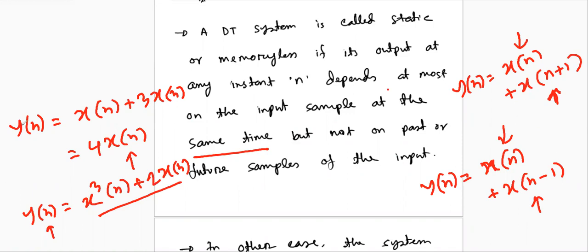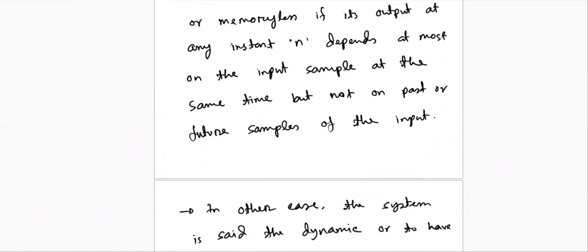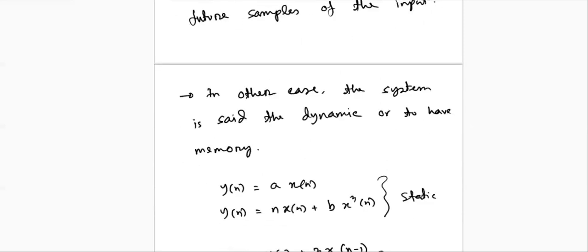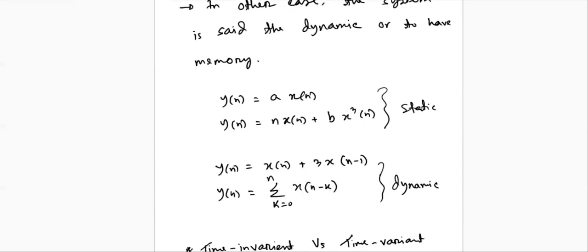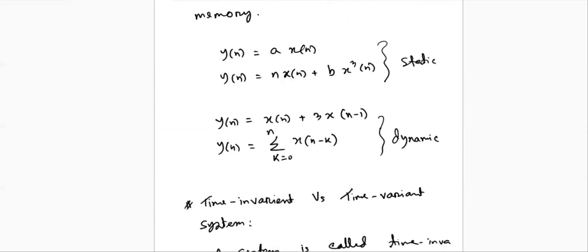So if and only if it depends on the present value, then it's known as static. If it is not a static one, it must be a dynamic system. Examples are given here. You'll find it very simple. These are examples for the static system, and these are examples for the dynamic system.